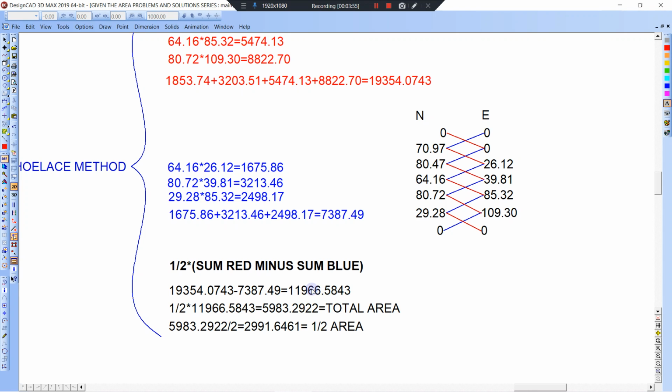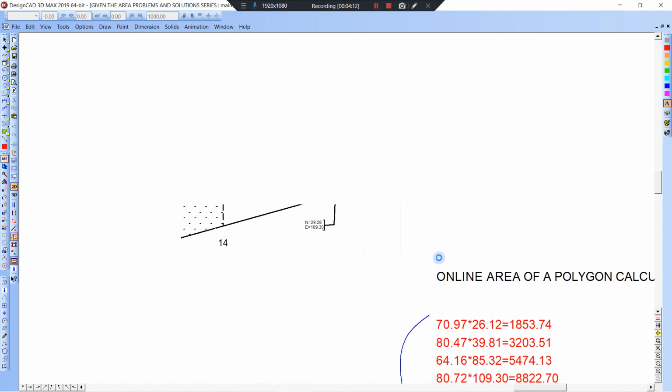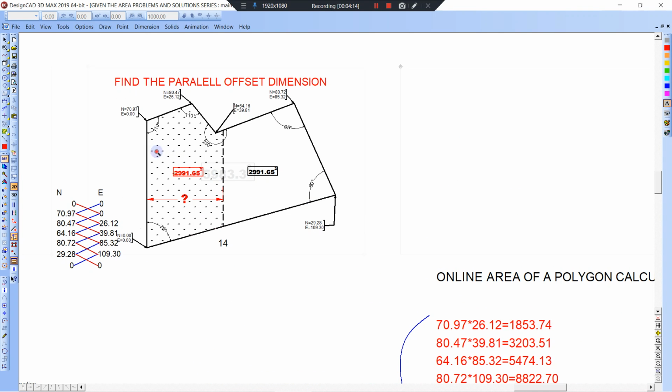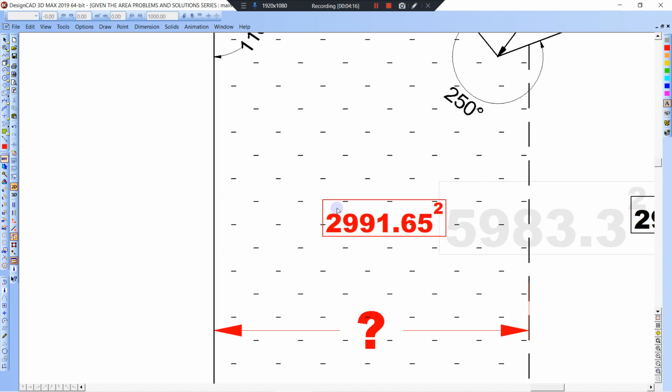Then divide that by 2, or multiply it by a half, and you'll get 5,983, and that's the total area. We divide that in half to get half the area for our parallel offset solution. So it's 2991, and that should look familiar. That's the area we end up with.